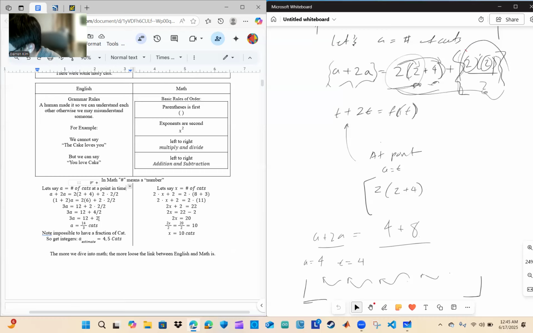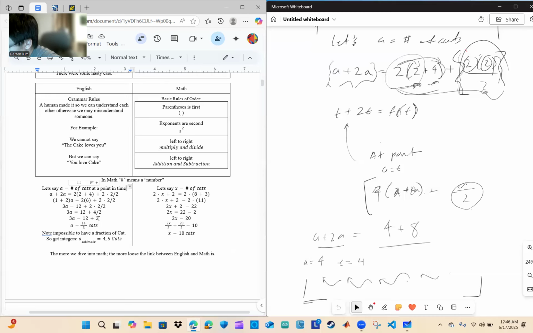I can move this over here, so 4 over here instead, and I can say a plus 2a, and then we can say something like a divided by 2 over here was function. No, something like that. I don't know what it will be, but you can get what I'm trying to say.